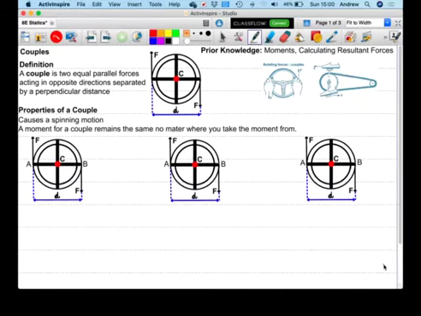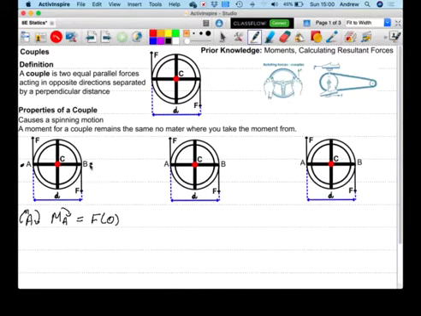So let's look at taking a moment about A. I'm going to take a moment about A in the clockwise direction. What does it actually equal? Well, the F here is going through A, so the distance of the force from the position A is a distance of 0.